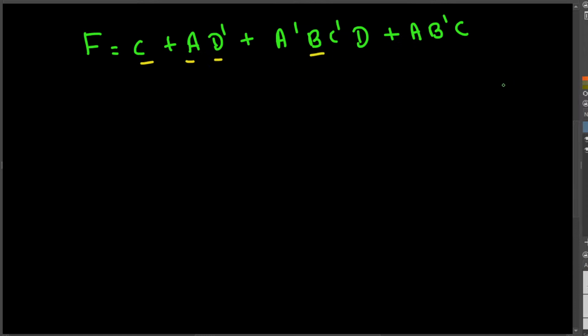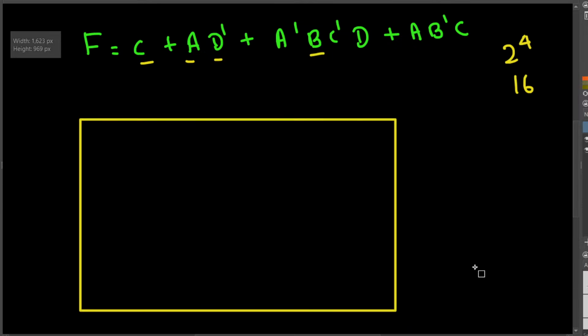To find out how many locations we are going to need, we just put 2 to the power of the number of variables, that's 4. So we are going to have a 16 location K-map. Let's go ahead and draw it.